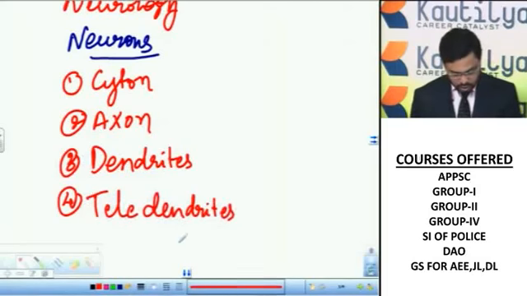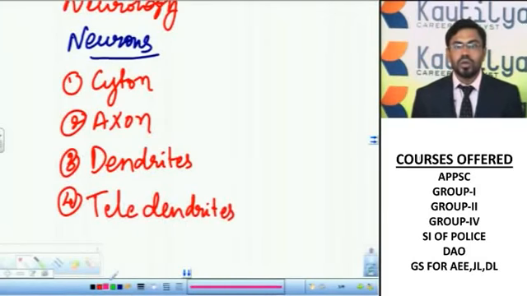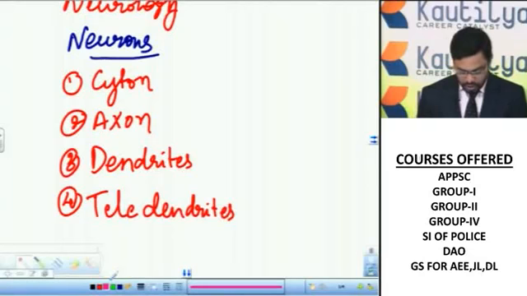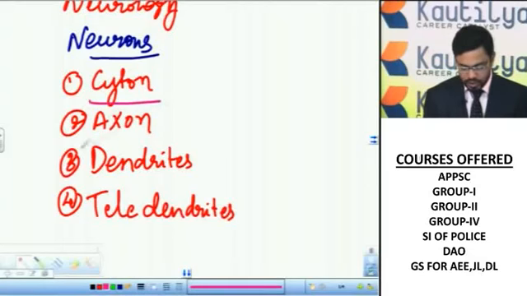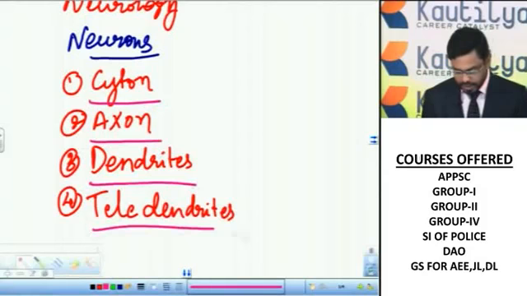These neurons are the longest cells in the animal kingdom. The neurons don't undergo cell division. The number of neurons is fixed. So these are the structures present in the neurons: cyton, axon, dendrites and teledendrites.